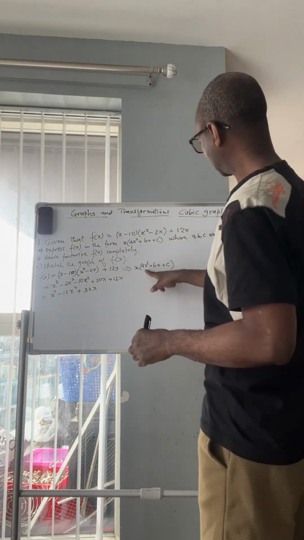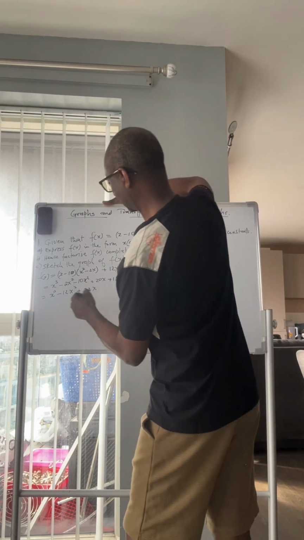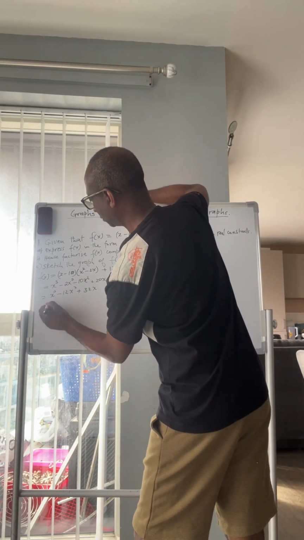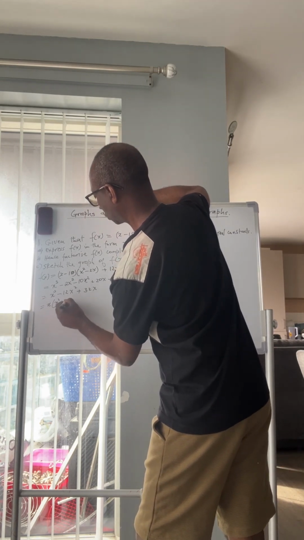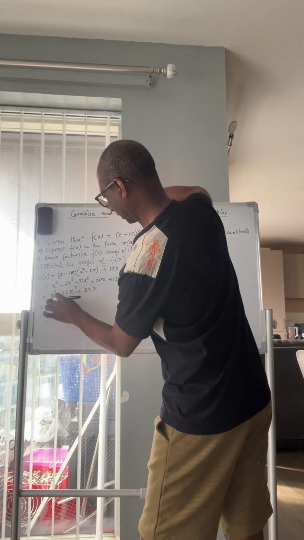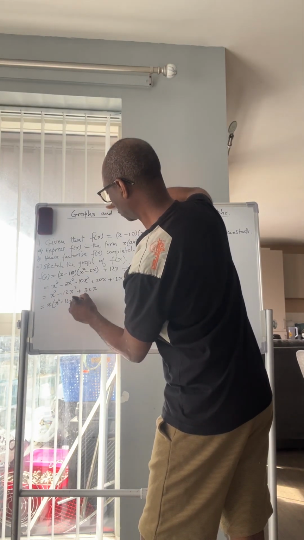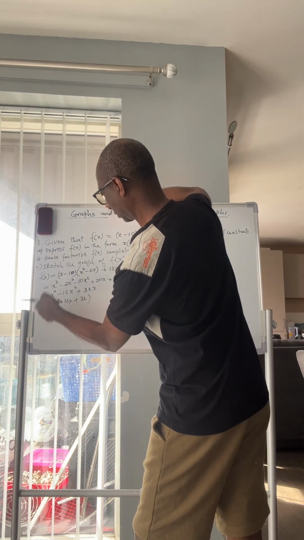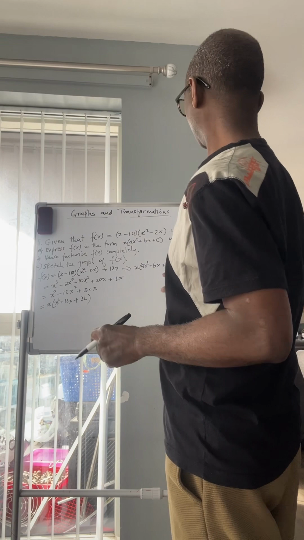But they want you to put it in this format. So we need to factorize x out. So this is going to be x into x squared plus 12x plus 32. We are taking x out here at the bracket, so this will now reduce to 12x and this will reduce to 32. The x now is outside here. So now we've brought it into this form.